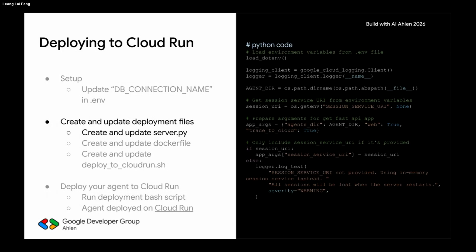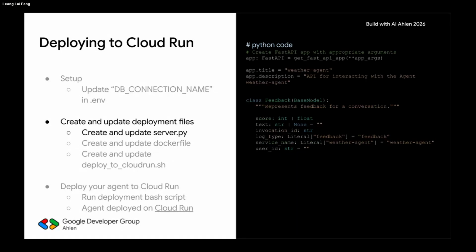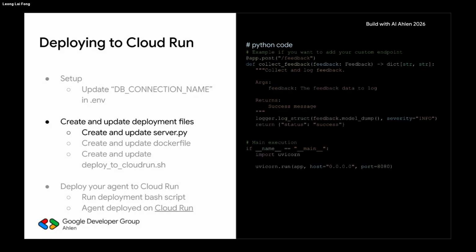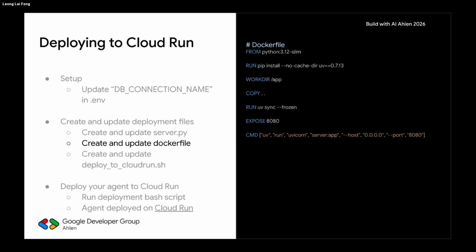So I already showed you the different parts of the code, the server code, and then we also have the Dockerfile. It's just having the simple command to run the server app.